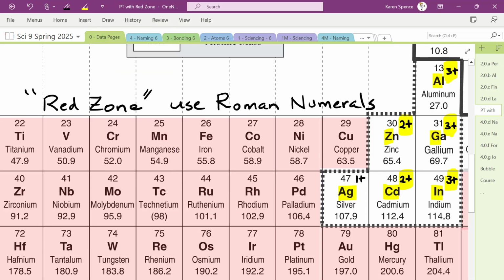Now, what on earth does that mean? And the reason I chose to make it red is because red starts with R and Roman numeral starts with R.